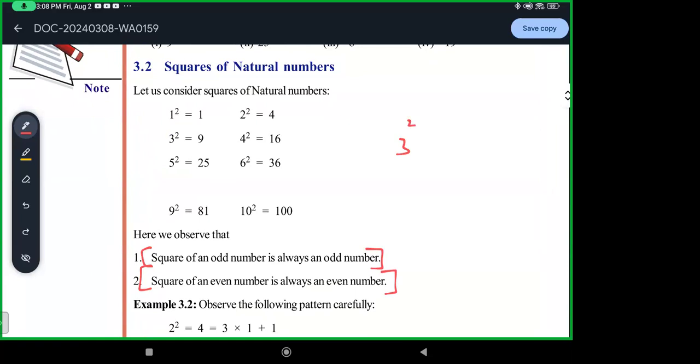If I do the square of 3, that is 3 into 3, I will get 9, an odd number. But if I take an even number, suppose 10 is an even number. If I do its square, 10 into 10, I'll get 100, which is an even number. Okay, so square of an odd number is always an odd number, and square of an even number is always an even number.